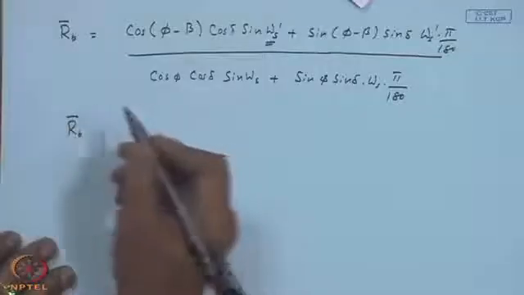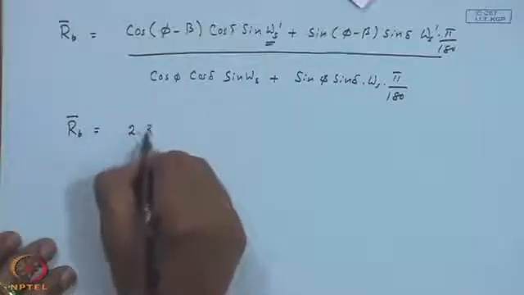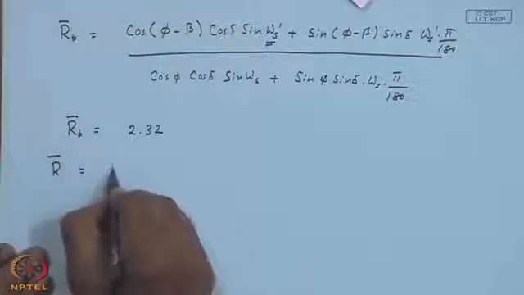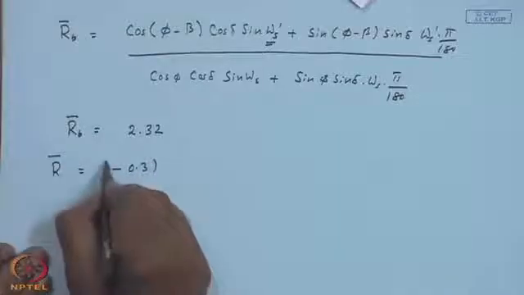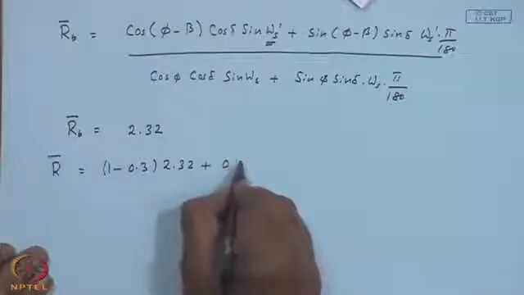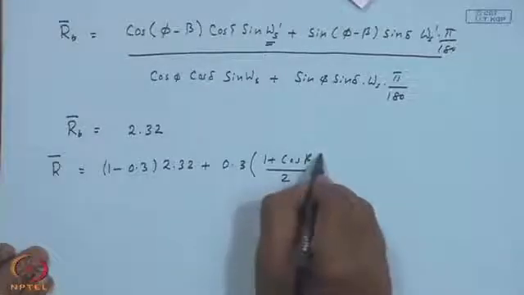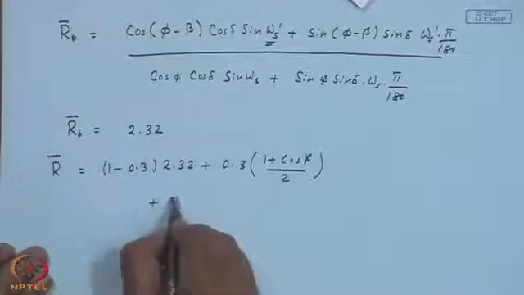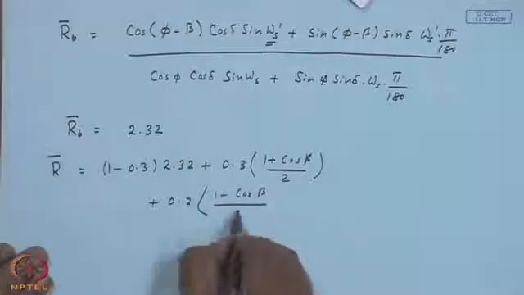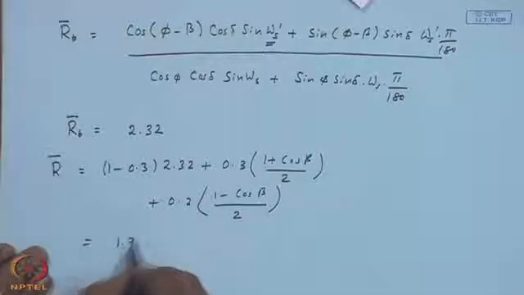So, this R b bar, if you calculate it, is 2.32, and R bar will be 1 minus 0.3, that is h d bar by h bar, into R b bar 2.32, plus 0.3 times (1 plus cos beta) by 2, plus 0.2 into (1 minus cos beta) by 2, which is 40, and this comes out to be 1.91.